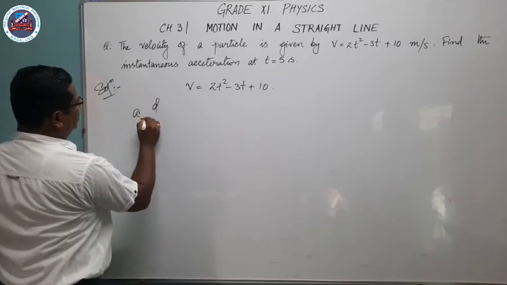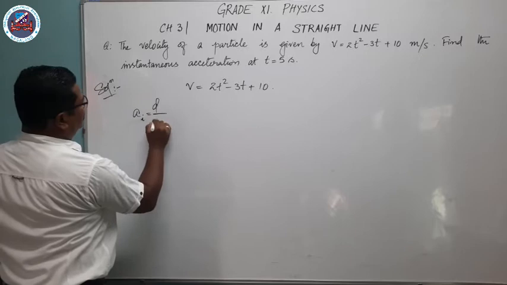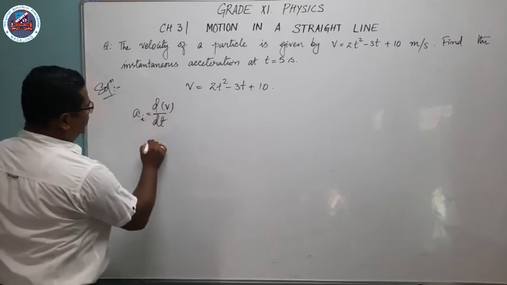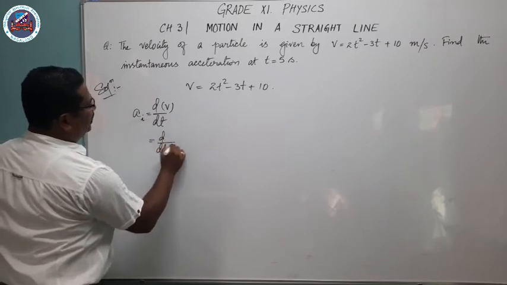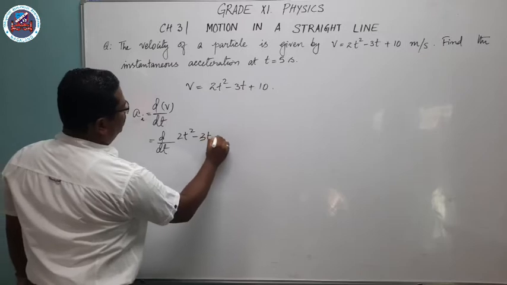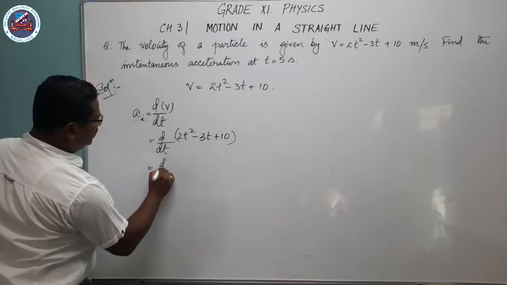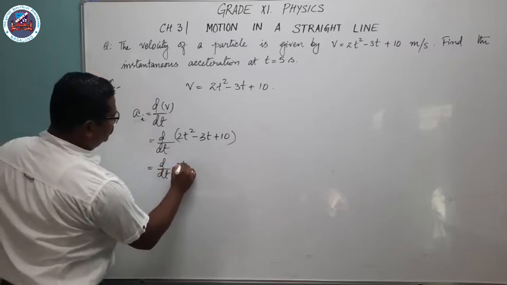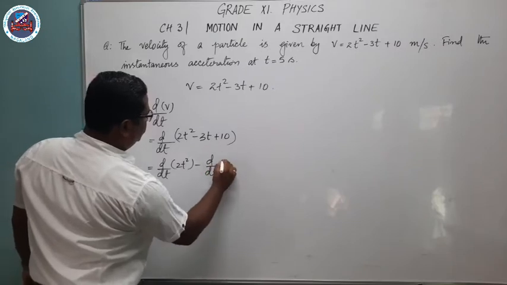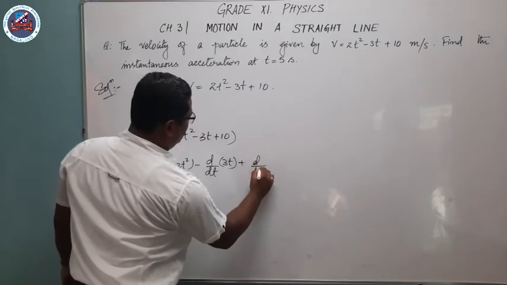Instantaneous acceleration a_in is equal to d/dt of v. It will give you the instantaneous acceleration. This is d/dt of 2t square minus 3t plus 10. Then we will write down in parts: d/dt of 2t square minus d/dt of 3t plus d/dt of 10.